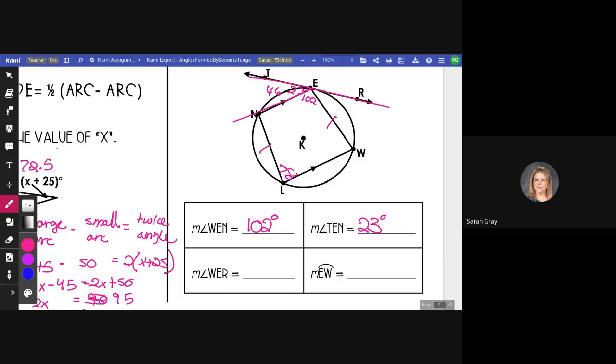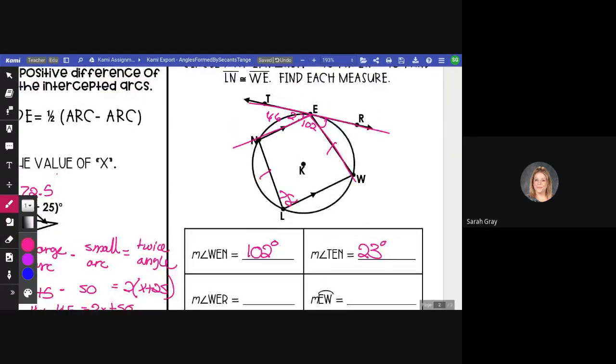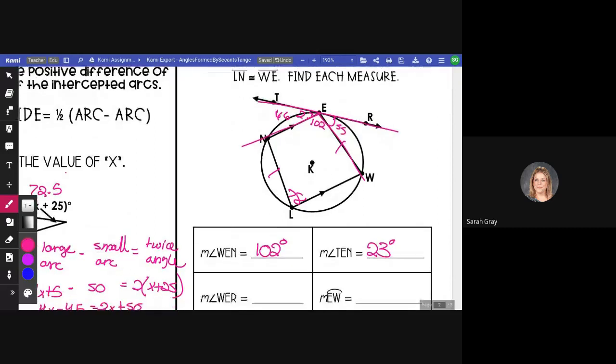I've got that 23-degree angle. I've got that 102-degree angle. And the last part must make it 180. So if you do 180 minus 102 minus 23, you get 55. So that angle's 55.